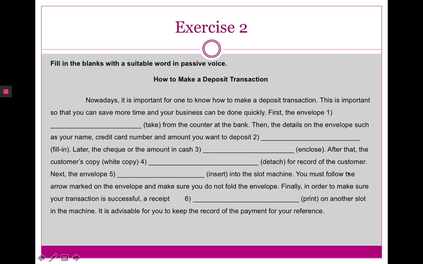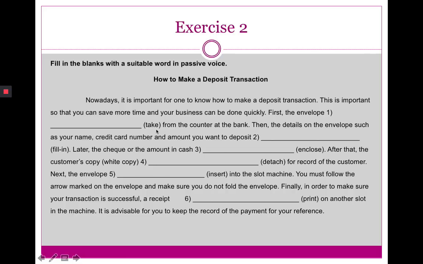All right. So I have exercise 2 here. You are given the verb in the bracket. So what you need to do is to identify how to change this into passive verb. Okay, you look at the object. Don't forget to look at the object and then decide whether to use is or are. And then look at the verb and decide whether to add D or to change it into something else.